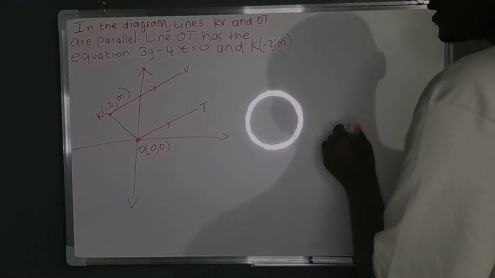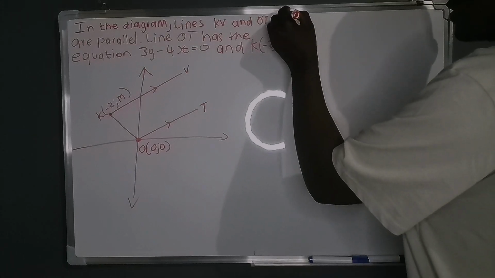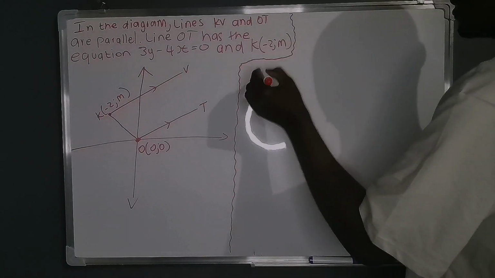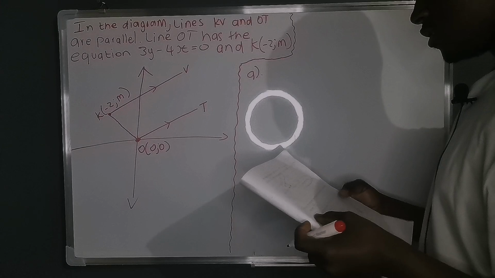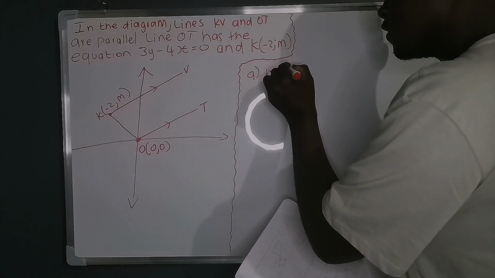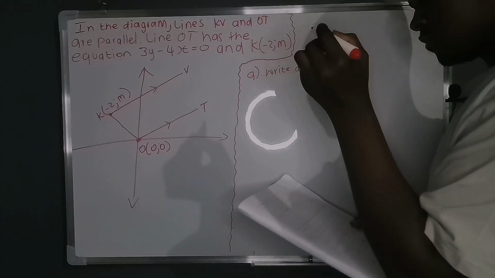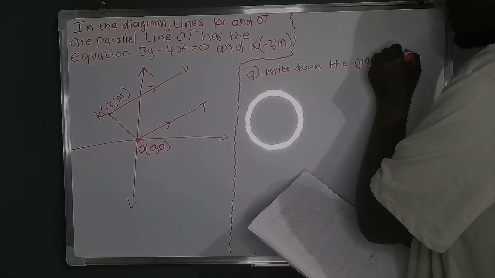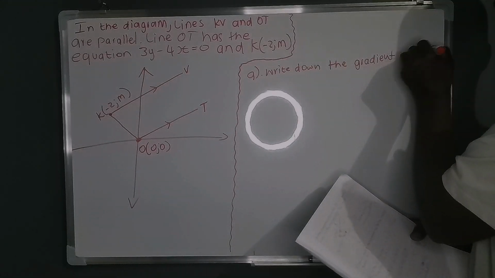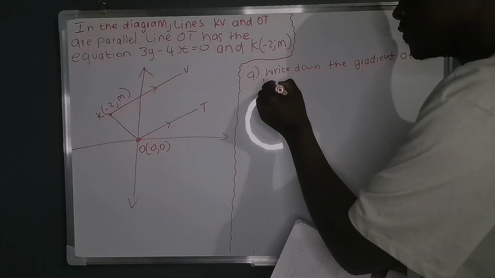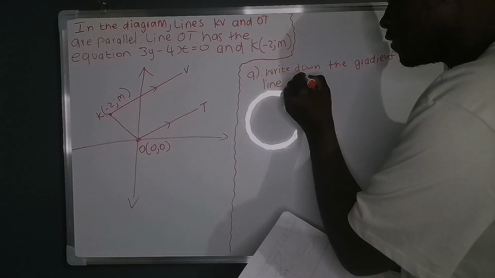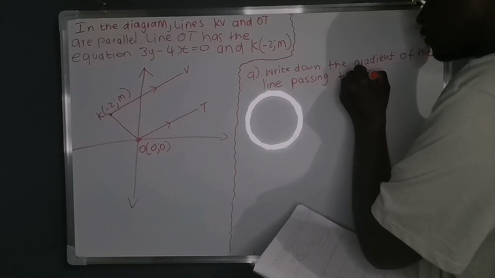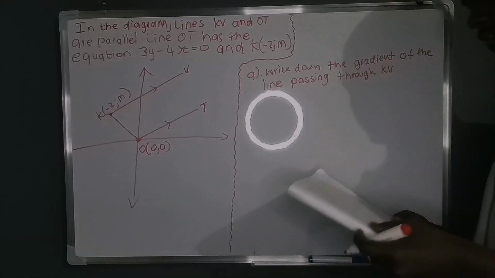Now, number A. The question says, write down the gradient of the line passing through KV.